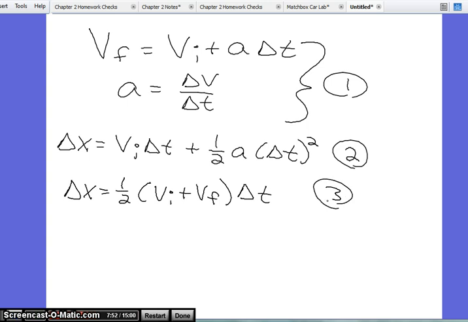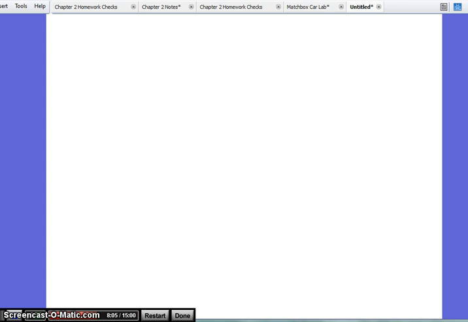Now we look for our fourth equation. And to figure out the fourth equation, we're actually going to combine the first one here and the third one down here. So let's look at the third one. Delta x equals 1/2 vi plus vf times delta t.